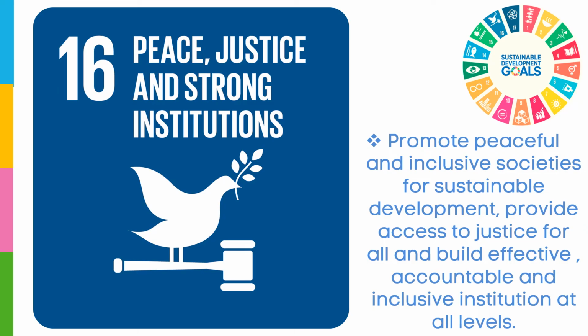SDG 16 is peace, justice, and strong institutions. Target is to promote peaceful and inclusive societies for sustainable development, provide access to justice for all, and build effective, accountable, and inclusive institutions at all levels.